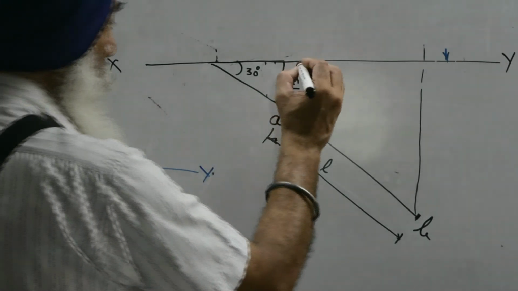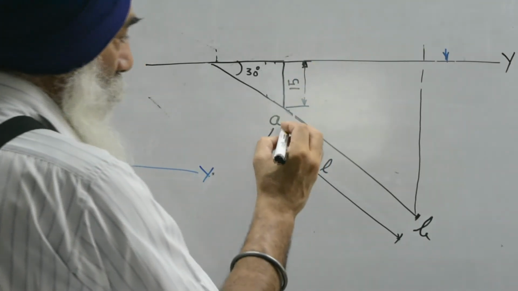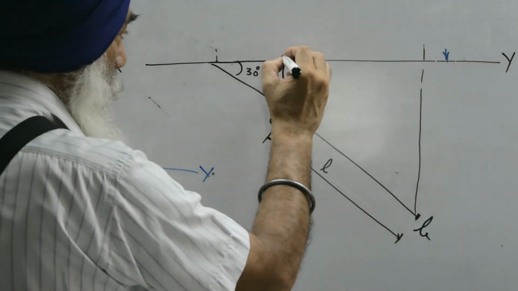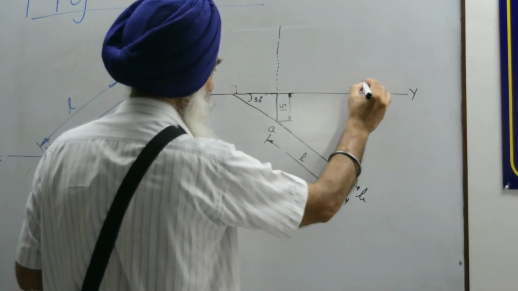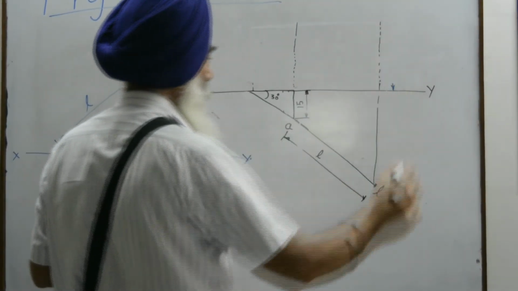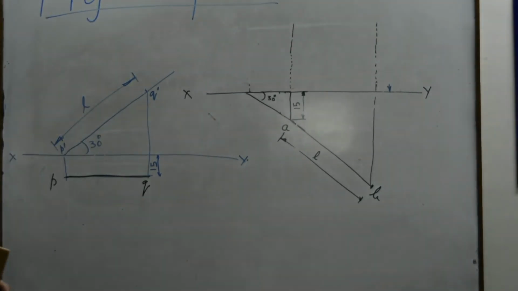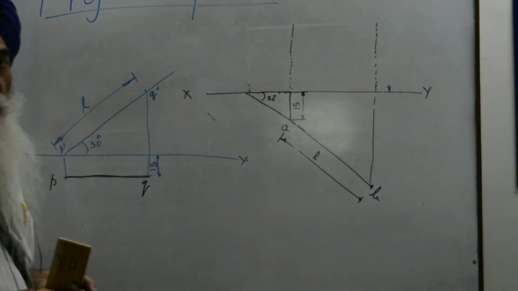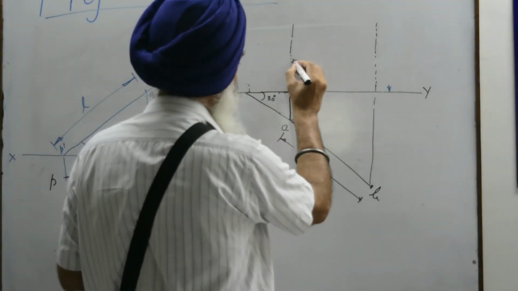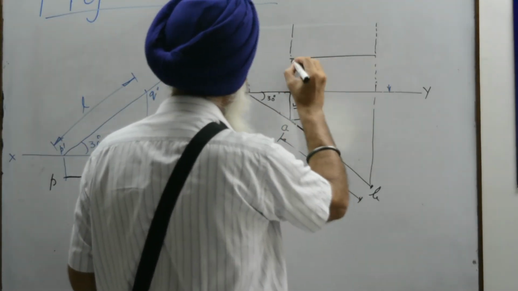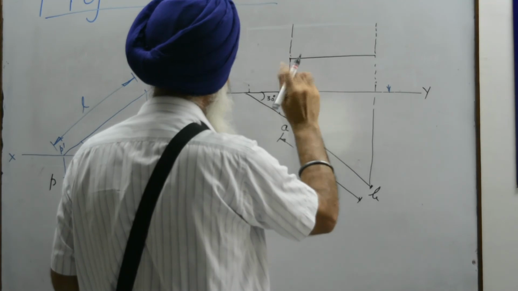Okay. So then from A and B you draw the projection lines. And the line is how much above the horizontal plane? So cut that distance. And these are the projections.